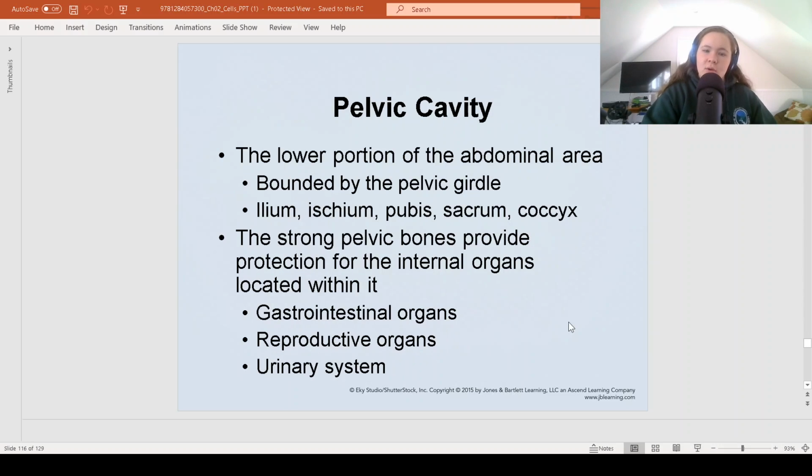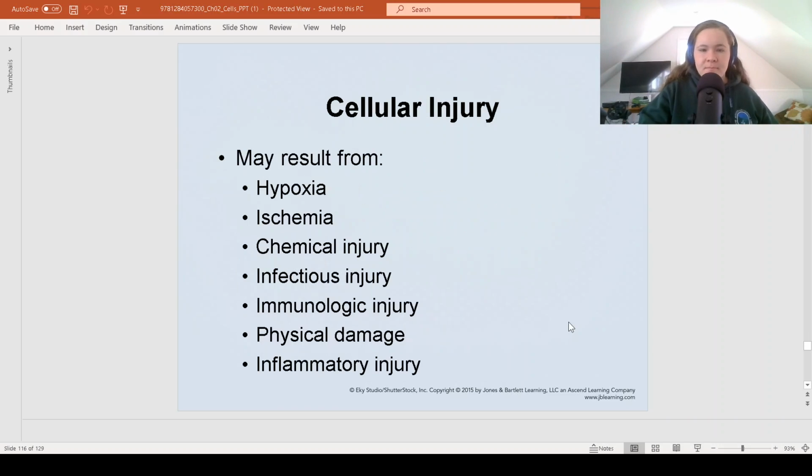Pelvic cavity is the lower portion of the abdominal area, and this is bounded by the pelvic girdle: ilium, ischium, pubis, sacrum, and coccyx. Strong pelvic bones provide protection for the internal organs located within it: gastrointestinal organs, reproductive organs, and the urinary system. Your pelvic bone also protects your femoral artery, which runs around it, and it's where you find your femoral pulse.